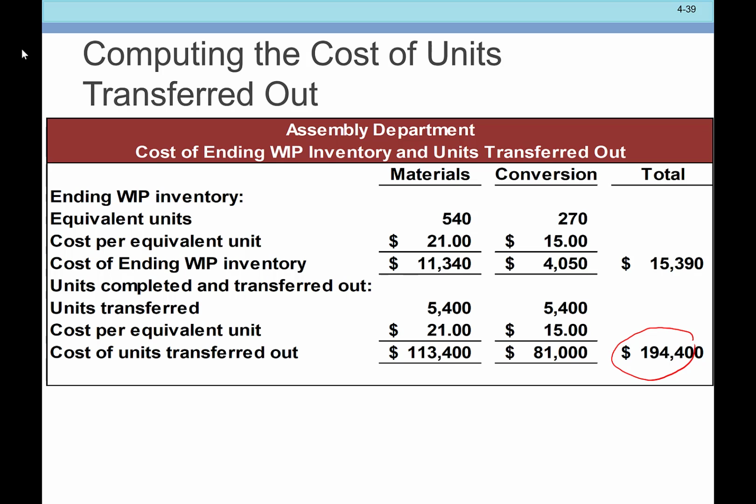Because if it is, that means you figured out the correct cost to transfer out. The most important number is the cost I've transferred out of my work in process for the period. This number comes for free.